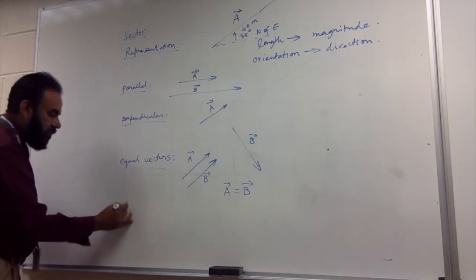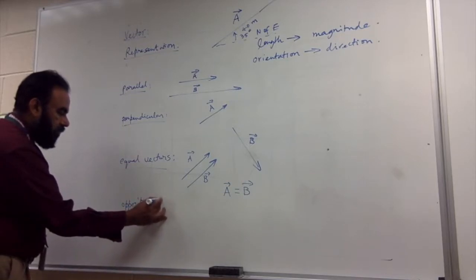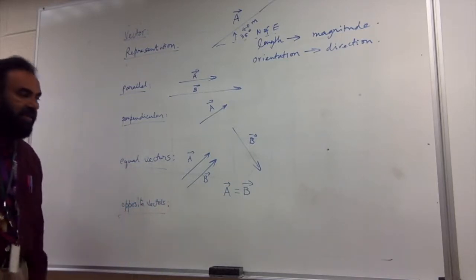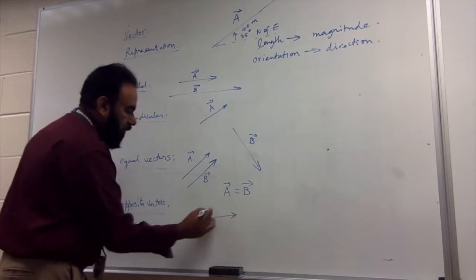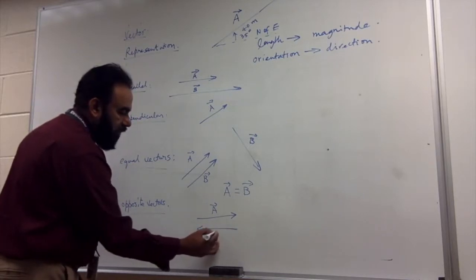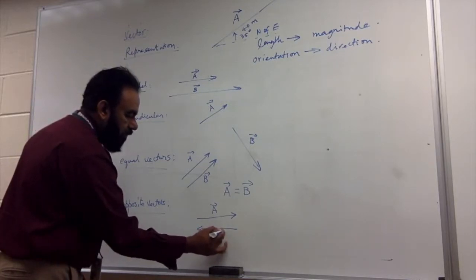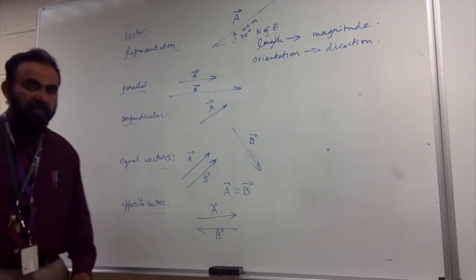Opposite vectors implies that, for A, the opposite vector is just in the opposite direction and nothing else has changed.